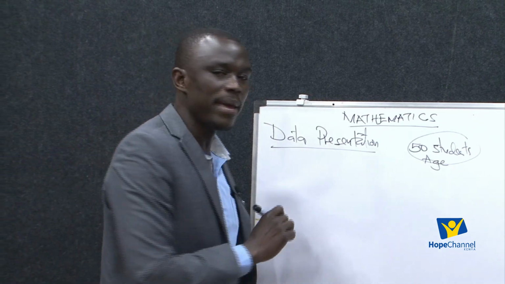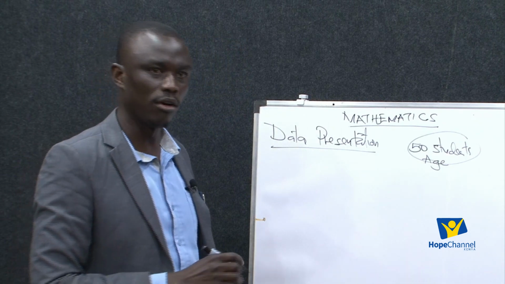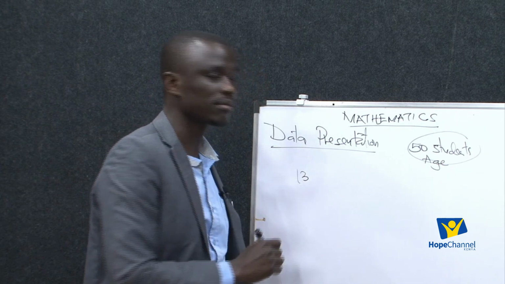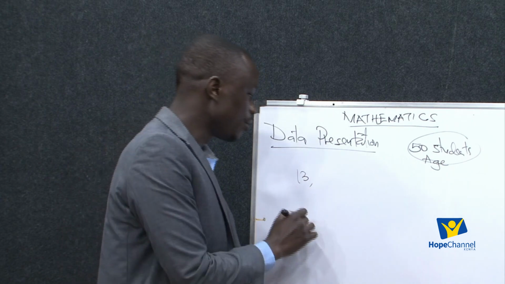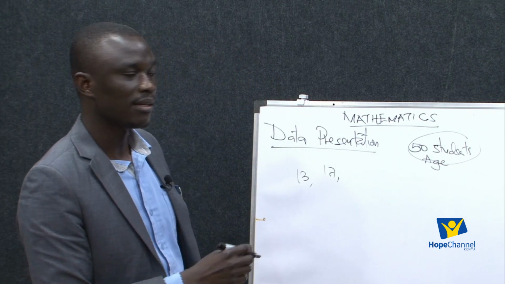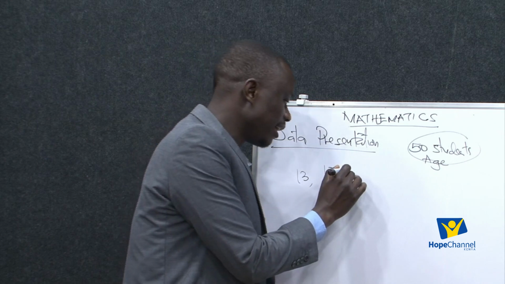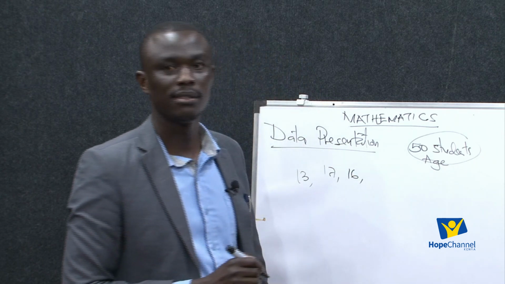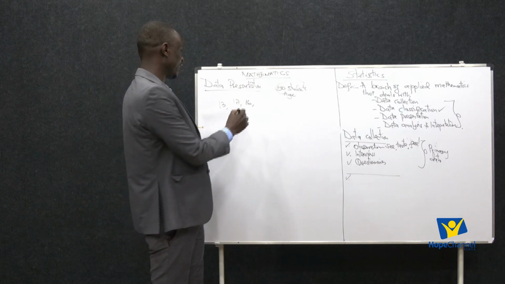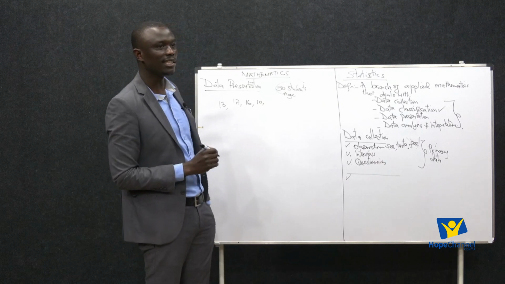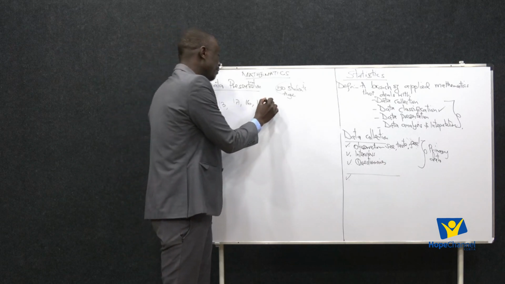So it will be a long list. John will say, I'm 13. Mary will say, I am 17. Mike will say, I am 16. Metley will say, I am 10. Lekisha will say, I am 13.